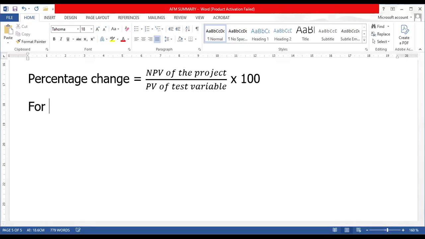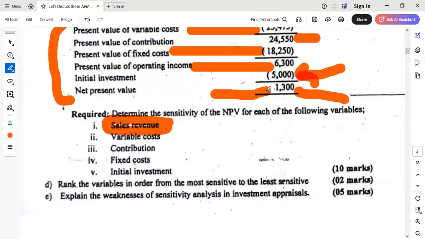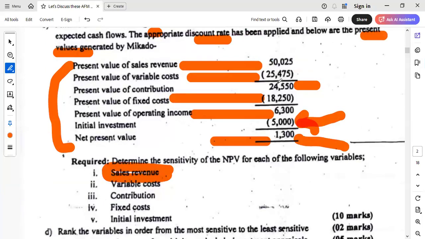For sales revenue, my percentage change will be equal to, what is NPV? NPV of the project is 1,300.